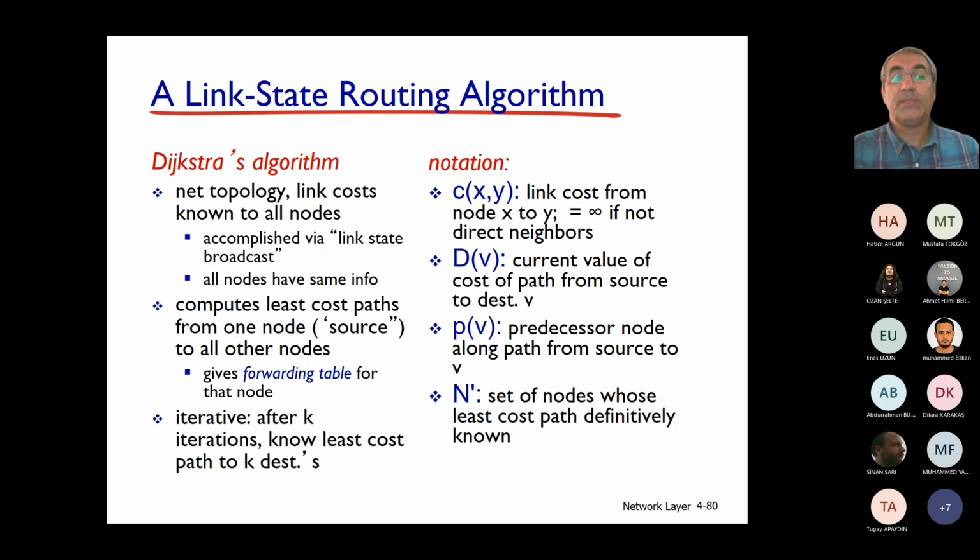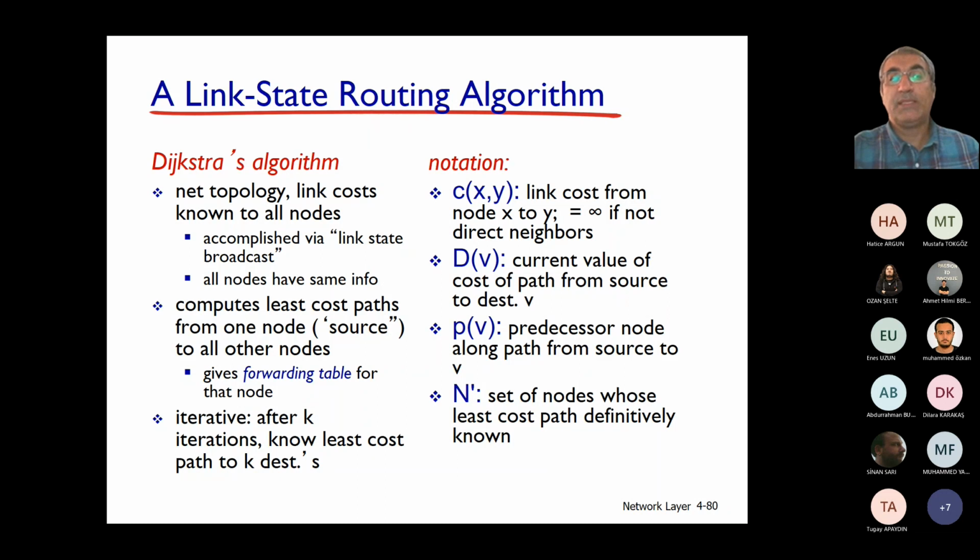In these algorithms, we compute the least cost path from one node, which we call the source, to all other nodes. It gives the forwarding table for that node. Then we perform the iteration. After k iterations, we know the least cost path to k destinations.